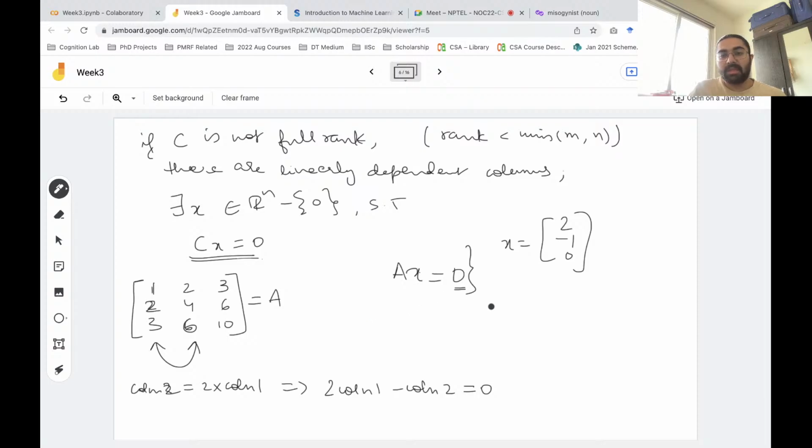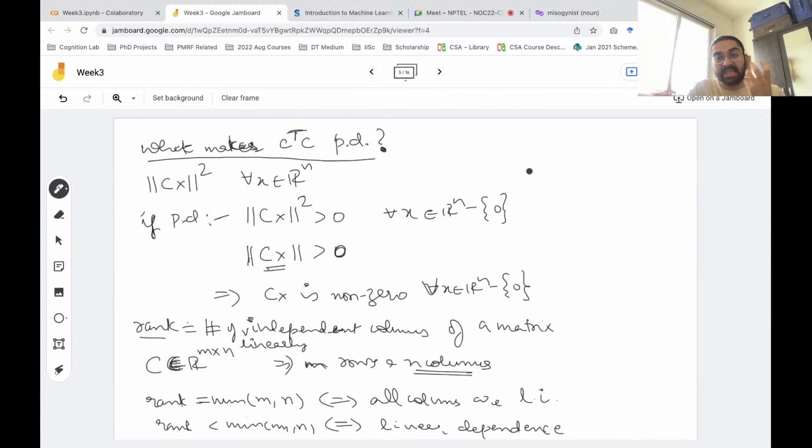Hence, if C is not full rank, this implies that C transpose C will be PSD and not PD, because for PD we have a very strict condition. It has to be greater than 0 for all x which are not 0 but belong to the vector space.